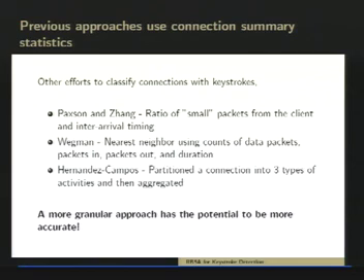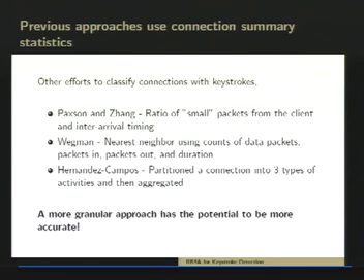And Wegman used a nearest neighbor approach using packet counts, whereas Hernandez Campos used a partitioning and divided each connection up into a sequence of packets. And there were three modes of activity: bulk transfer, interactive, and one other, I believe idle was the third category.